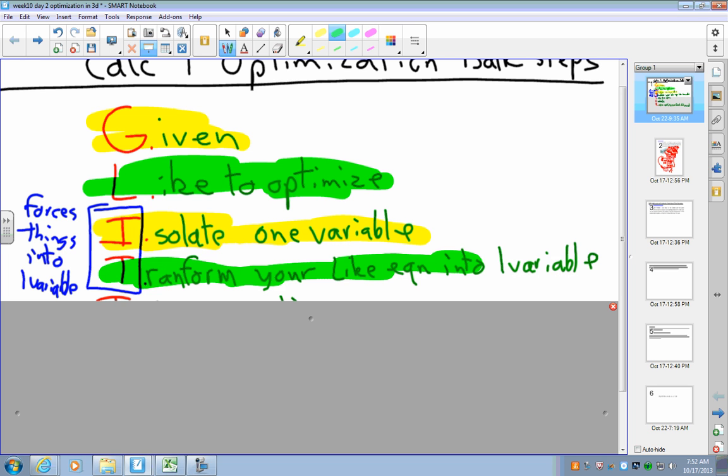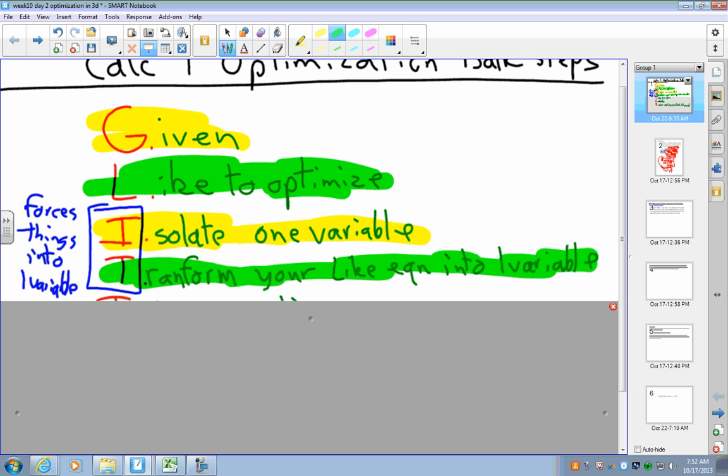So the whole idea is you might want to optimize the maximum product of the numbers x and y, but you don't know how to take the derivative of a product of x and y because it's two variables.